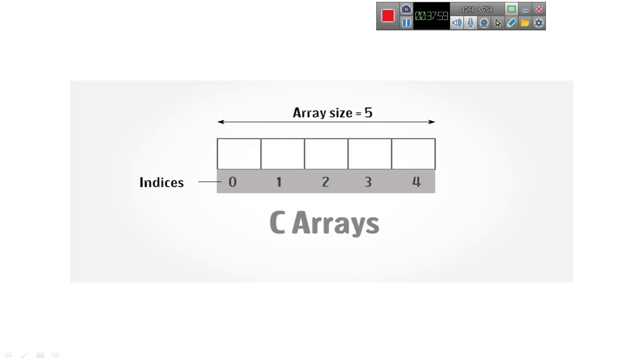The first location number is 0, the second location number is 1, the third is 2, the fourth is 3, and the fifth is 4.